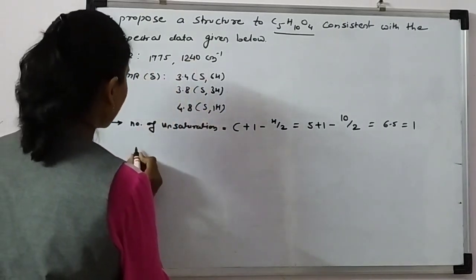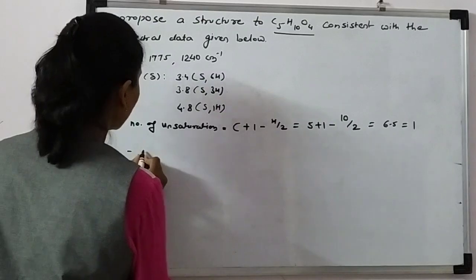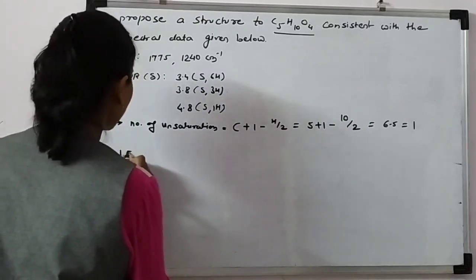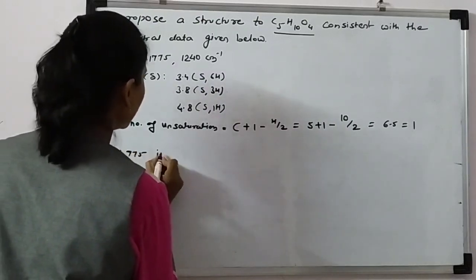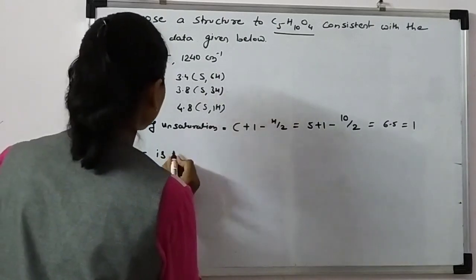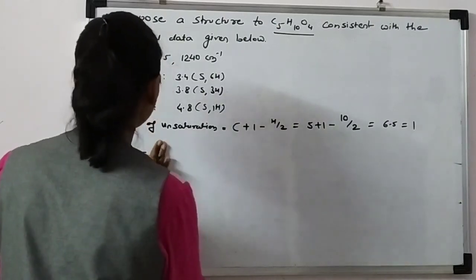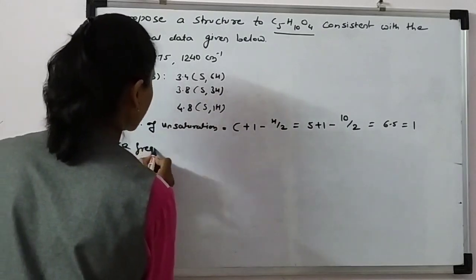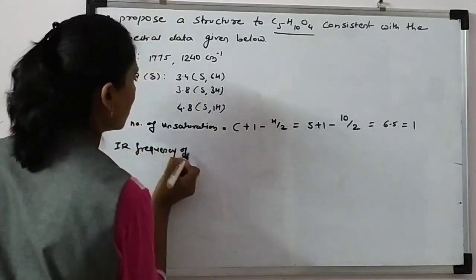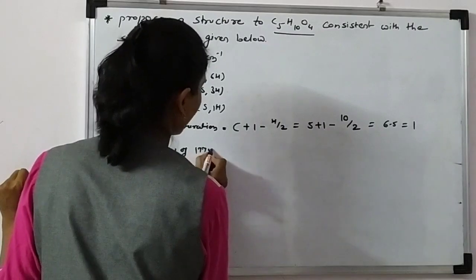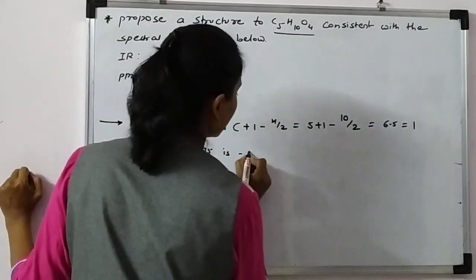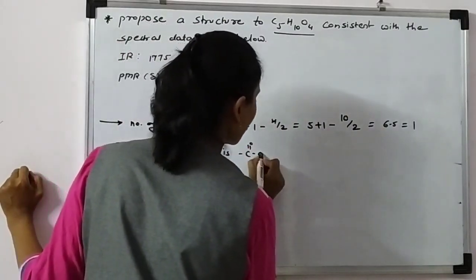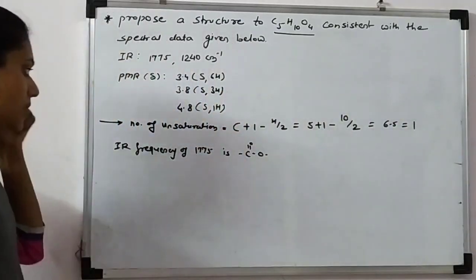So we write down here the IR frequency of 1775 is an ester group.